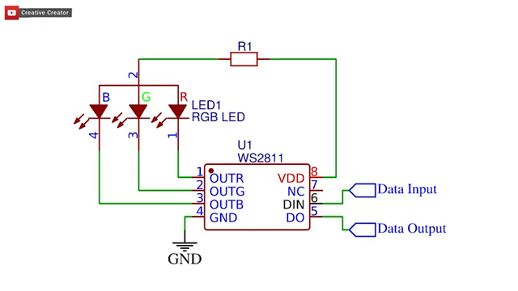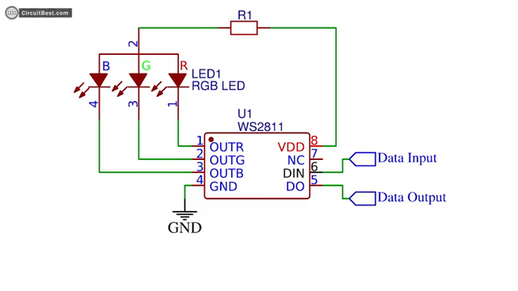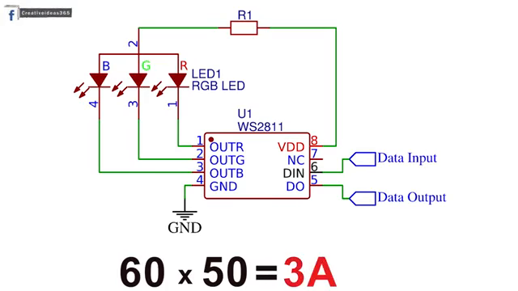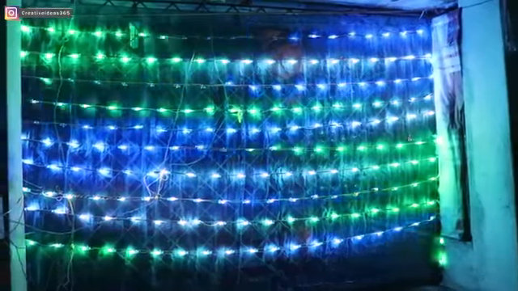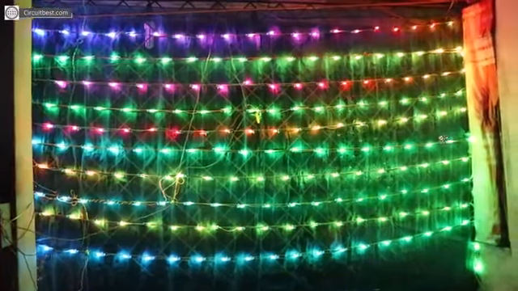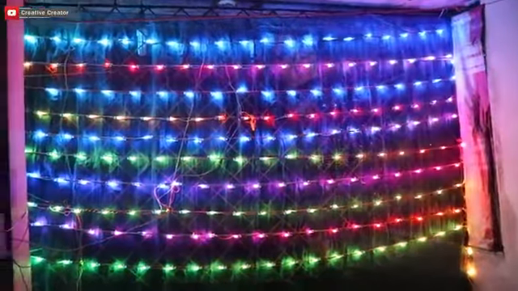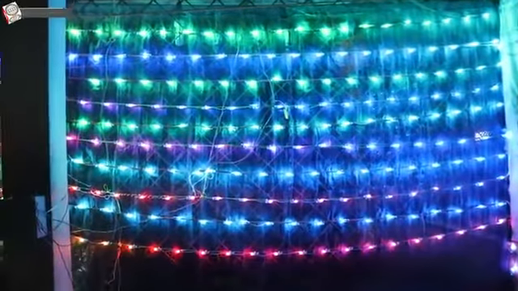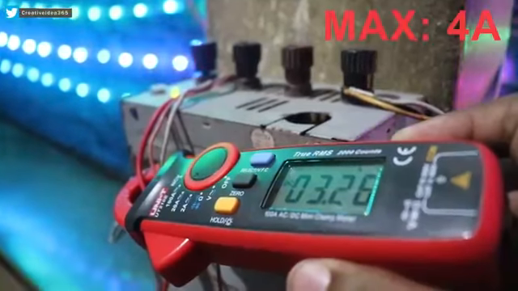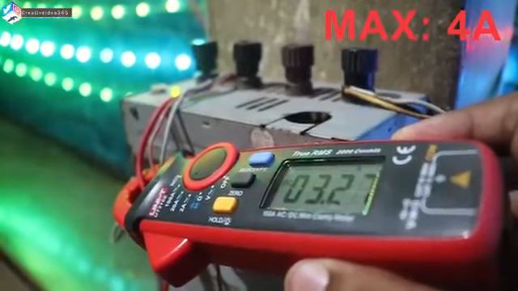Now each strip has 60 LEDs, so in total there will be about 60 times 50 milliamperes, so it is about 3000 milliamperes or 3 amperes of current. But in practical usage, I have connected 8 chains in parallel with full brightness. Now guess what? The current taken from the power supply was only about 4 amps for 8 chains.